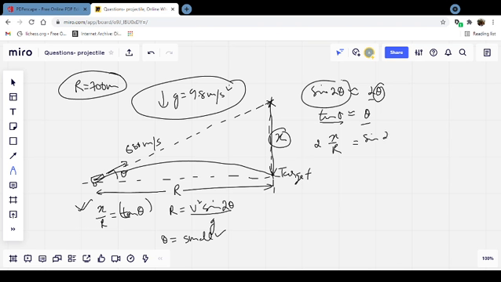So we can substitute 2 times x by r in place of sine 2 theta. The range of the projectile is 700. So 700 equals 630 squared into 2 times x divided by the range, which is again 700, divided by g. We will substitute g later.